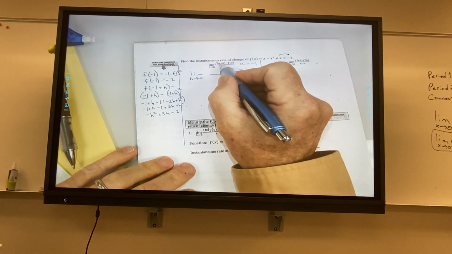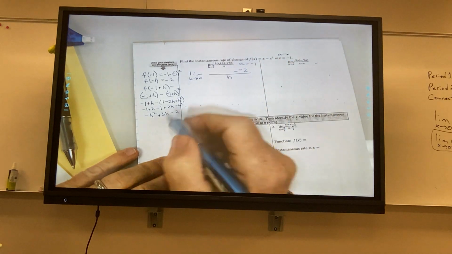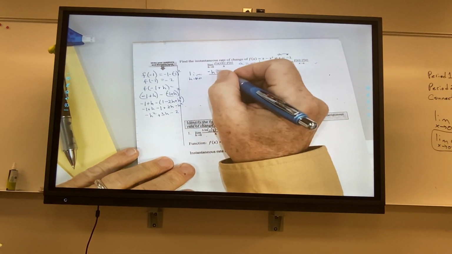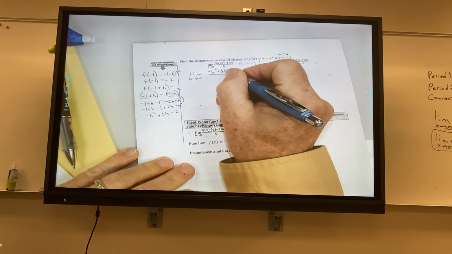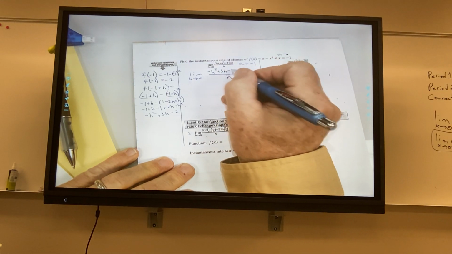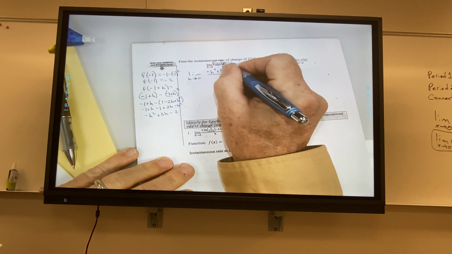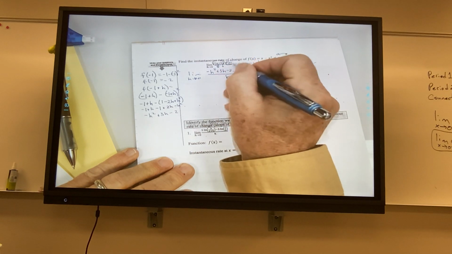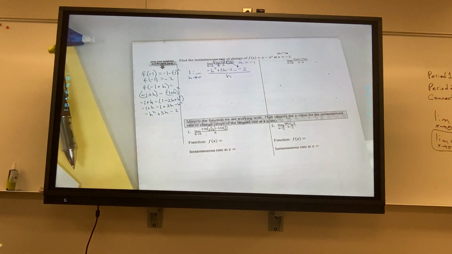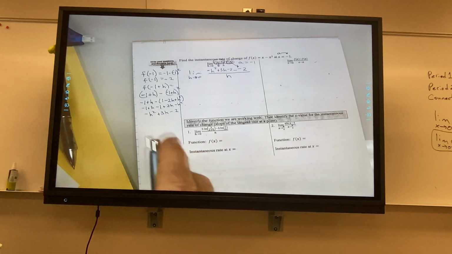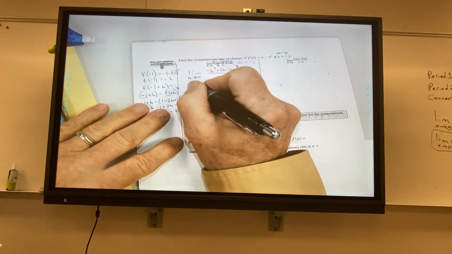Now, what's going to go into here is this. So I'm going to have negative h squared plus 3h minus 2. And that was this. And this is this. So, different color pen.